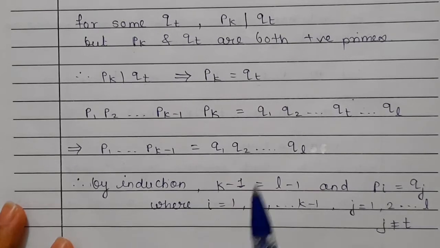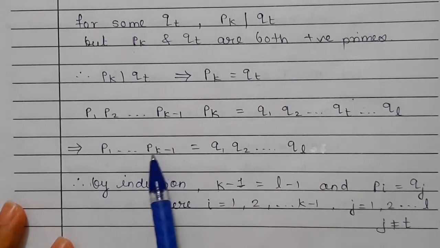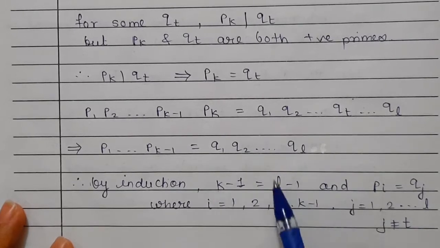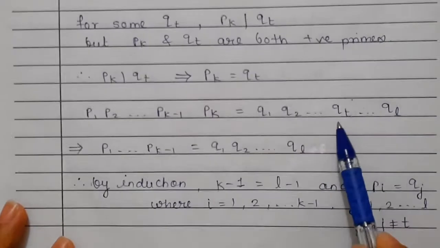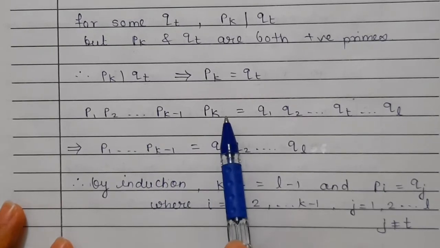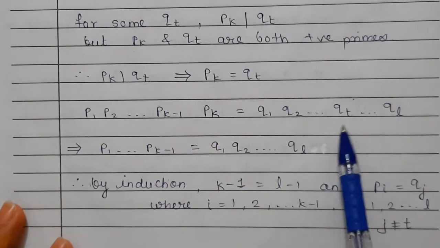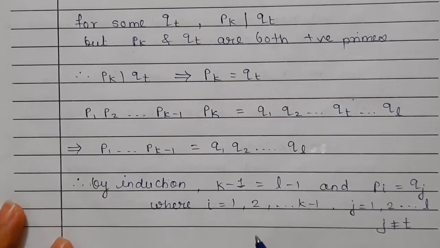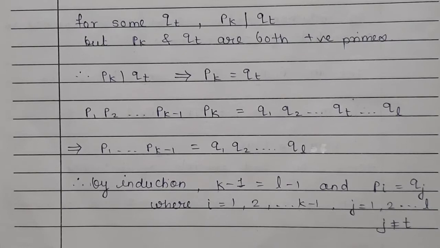By induction, these are the elements in k minus 1, and these are the elements in l minus 1, because from this we take pk out and from this we take qt outside. Outside means we take that element from that set.